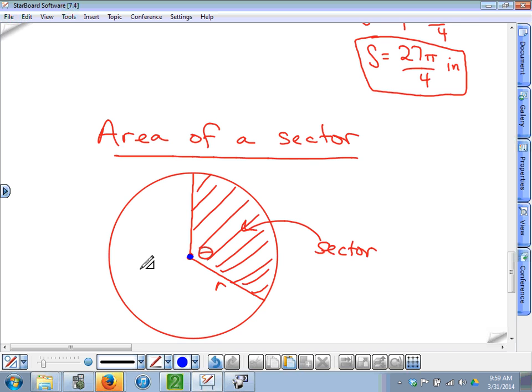This right here is a sector. This right here, this little piece, isn't that still a portion of the inside of a circle? Why is this not a sector? Yeah, the angle is not a central angle, so this is not a sector. A sector has to have its angle in the center of the circle.